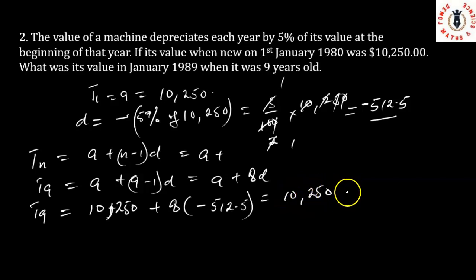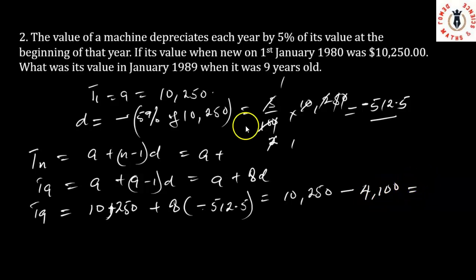So this becomes 10,250 plus negative, that's 8 times 512.5, which is the same thing as 4,100.